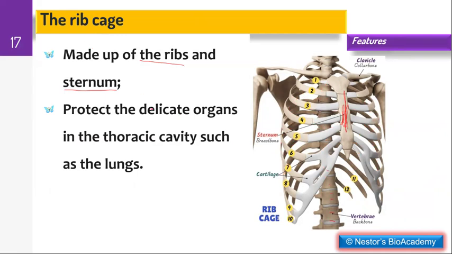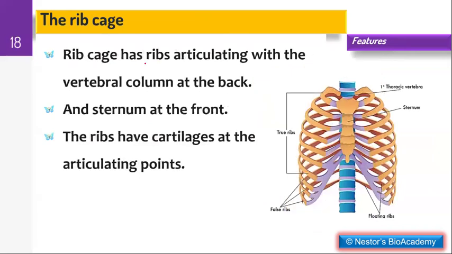So again, the rib cage is very important because the bones there provide surfaces for attachment of muscles, and the rib cage is also very important in protection of the delicate organs we find within the thoracic cavity. Talk about the lungs, talk about the heart, the rib cage becomes very important in protection of these delicate organs.